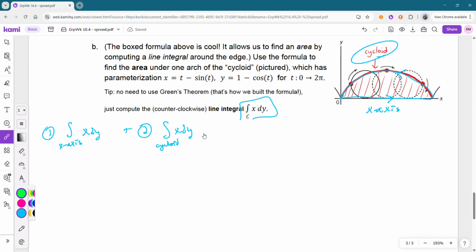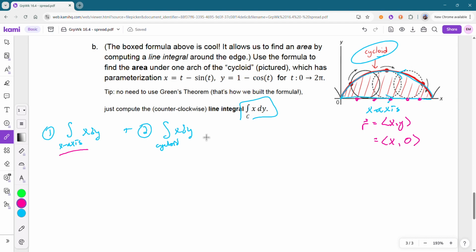So let's start with the x-axis. In order to get our parameterization, we want to figure out the function that's going to hand us all of the xy points along our x-axis. Well, the x-axis always has y equal to 0, and so we can just use (x, 0) as our parameterization.